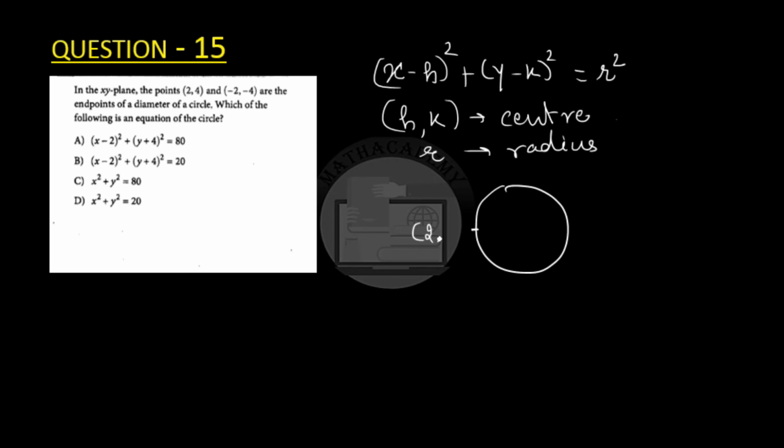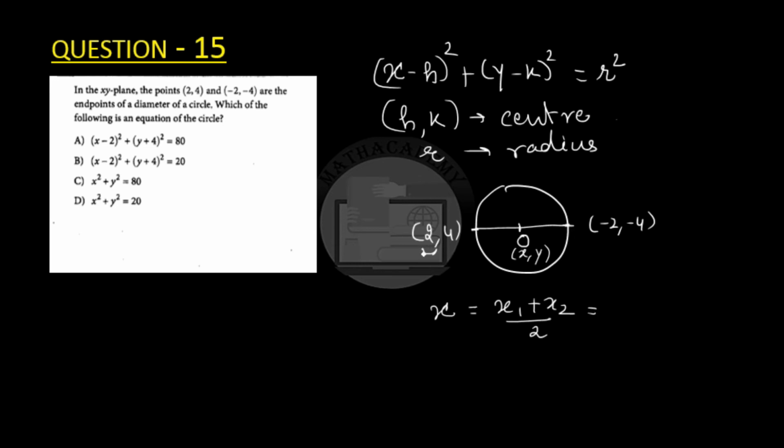The endpoints of the diameter are 2, 4 and -2, -4. We have to find the coordinates of O. So we need the concept of the midpoint theorem here. Midpoint theorem says that if you have the coordinate of the midpoint as x and y, then x is equal to x1 plus x2 by 2. And what are x1 and x2?